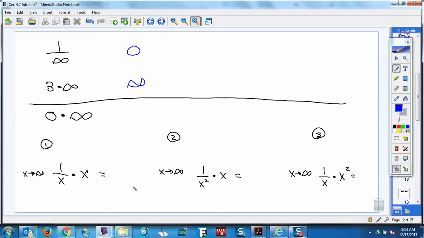It turns out sometimes it's infinity. Sometimes it's 0. Sometimes it's 2. Sometimes it's 4. Okay? Because what you have going on is a battle. You have this thing getting small times this thing getting big, and you multiply them, and they're battling it out. Who wins? Does the thing getting small win, or the thing getting big win, or is it kind of a toss-up? Okay, that's what's going on.